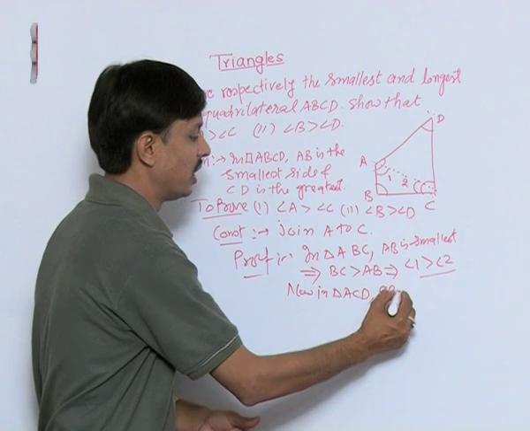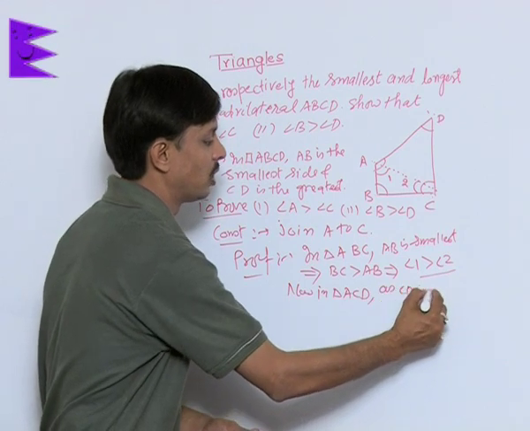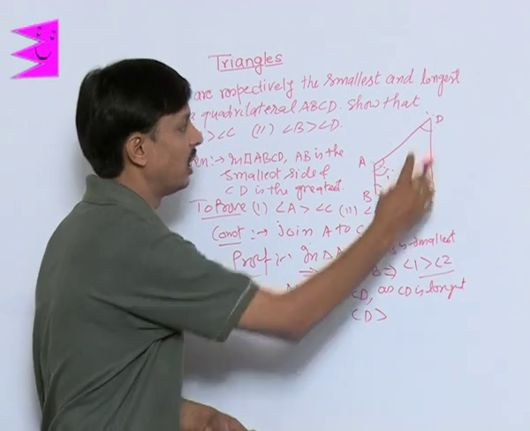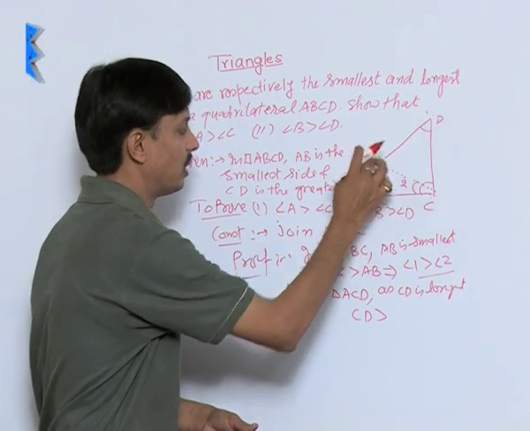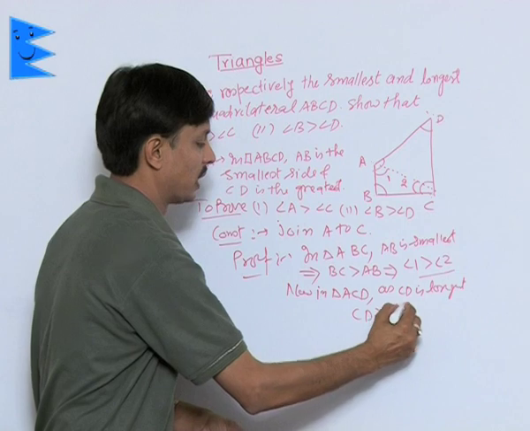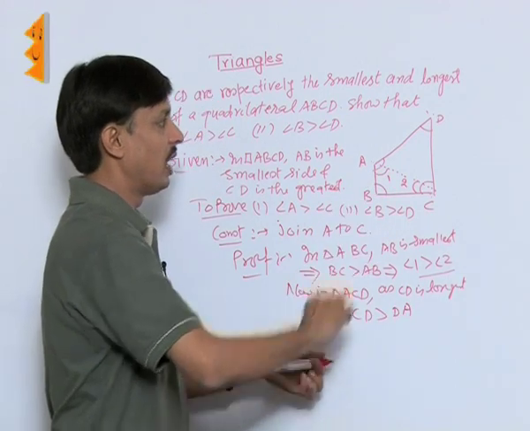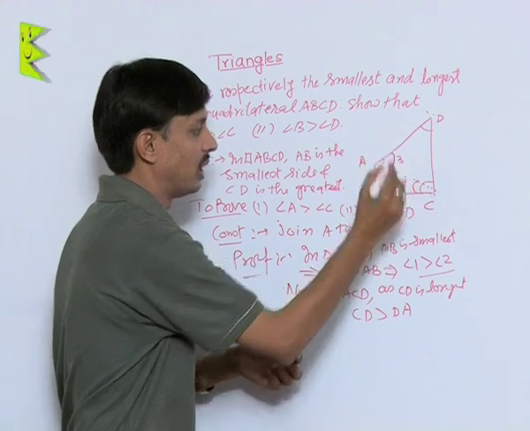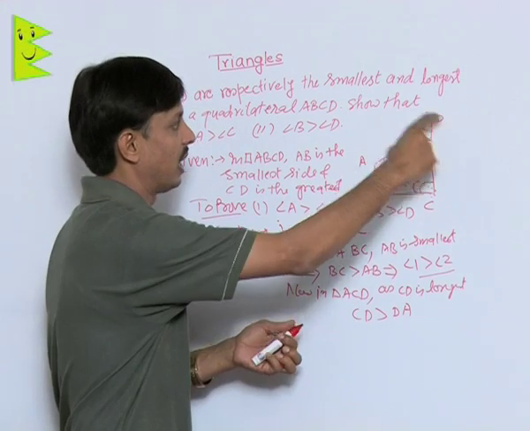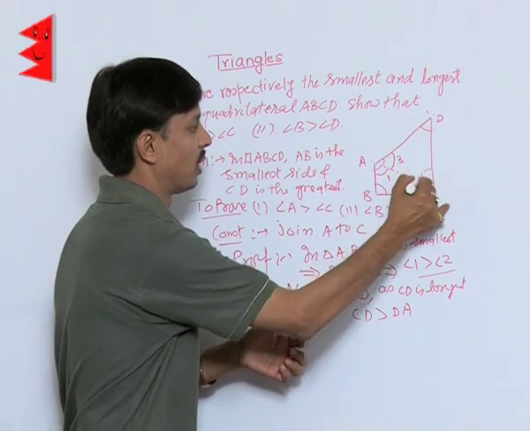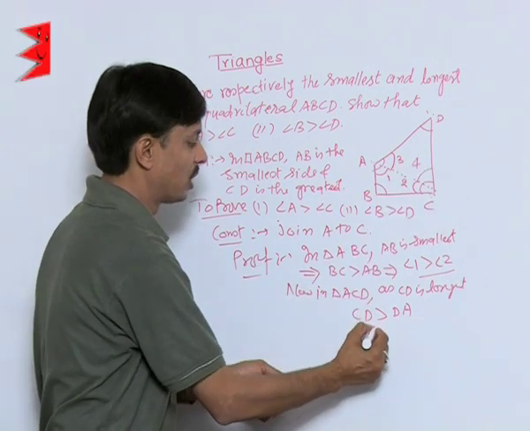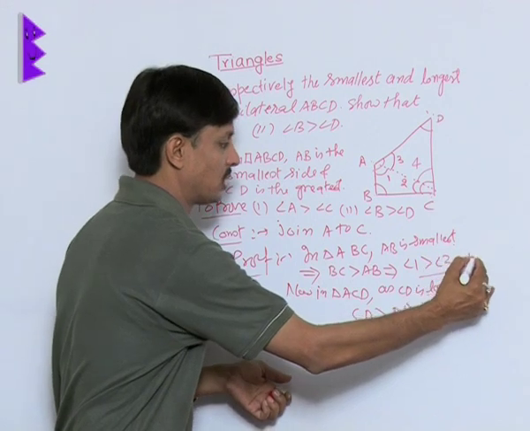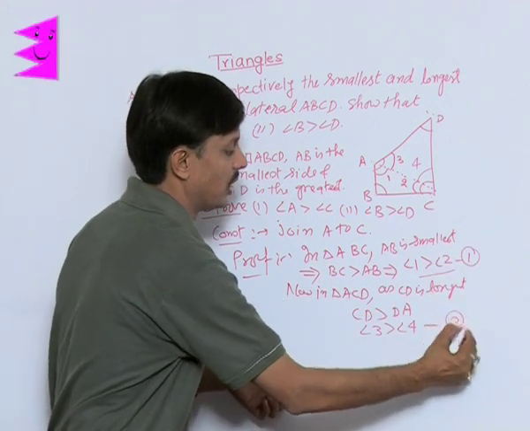As CD is longest, I can say CD is greater than DA, meaning the angle opposite to CD, which I can name angle 3, is greater than the angle opposite to AD, that is angle 4. So I can say angle 3 is greater than angle 4. Suppose this is relation 1, this is relation 2.